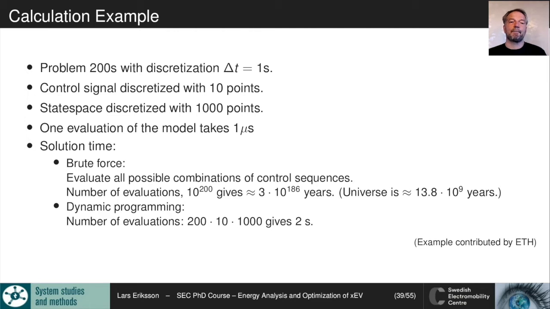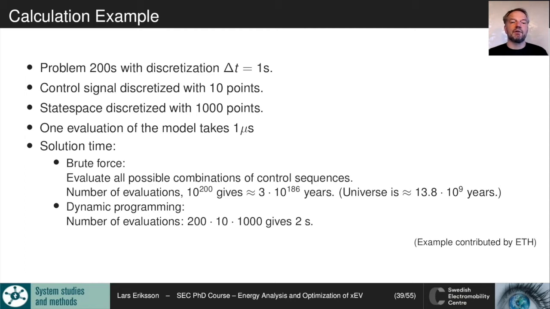If we would do it by brute force, that we make all possible combinations that we can inside the system, then the number of evaluations would be 10 to the power of 200, which will give us 3 times 10 to the power of 186 years. And considering that the universe is only 13.8 times 10 to the power of 9 years, you understand that this is not doable.